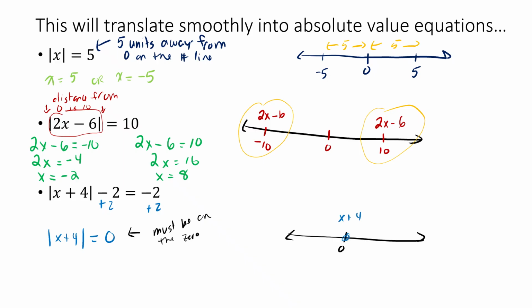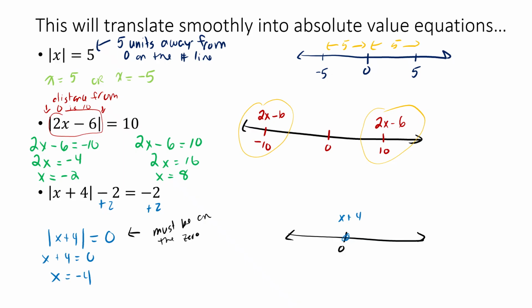Therefore, the x plus 4 is on the 0, and then subtracting 4 from both sides, we get one solution, because in this case, we're not moving to the left and the right. So that really gets at the why we don't say that it's always positive. And kids will get all messed up there, because now my value for x is actually negative.